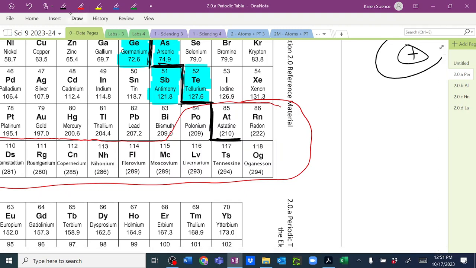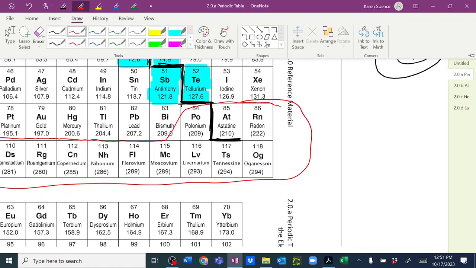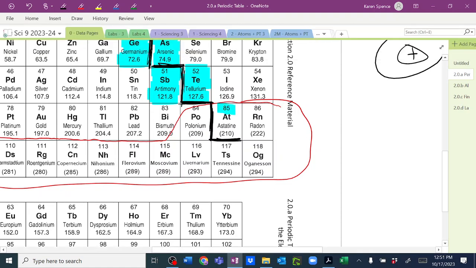I mean, you could go down and say astatine is a metalloid, but the problem with astatine is it's very radioactive, which means its nucleus will decay and it will turn into a different element.